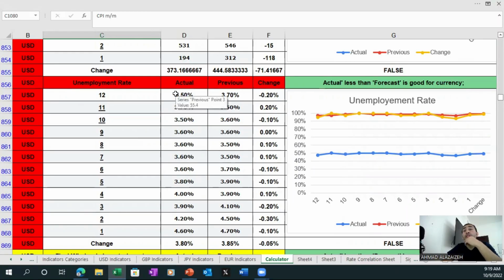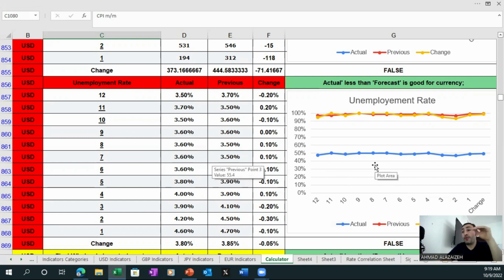So now we have finished almost the three most important indicators for the central bank, and going forward we're going to talk about the leading indicators. However, on the lagging indicator, you also need to measure the amount of change in that indicator, so you can anticipate what the central bank is going to do based on it.